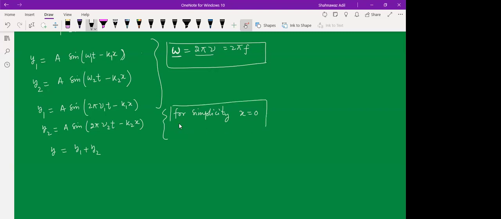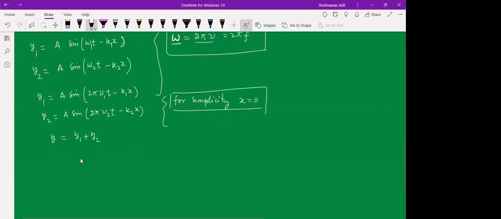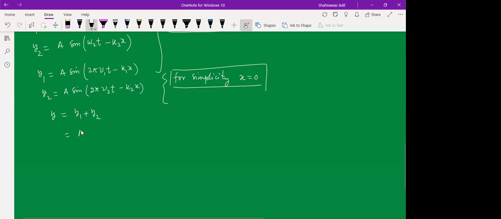Then y1 would be simply a sine 2 pi nu1 t, and y2 would be simply a sine 2 pi nu2 t, right? Because we have considered this part to be 0. Is it clear? Yes, sir.